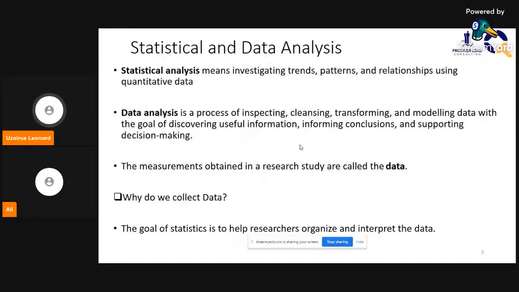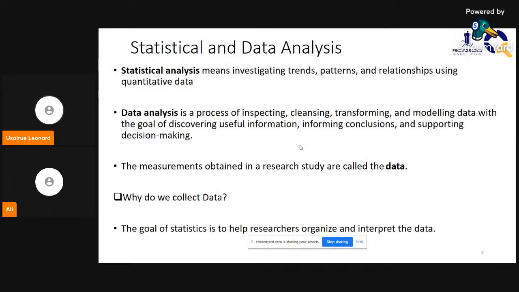From what I've said so far, the reason data is collected is to get useful and meaningful outcomes that are essential for you to be able to make concrete decisions.